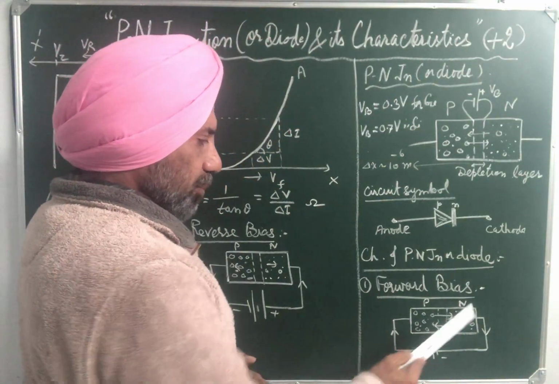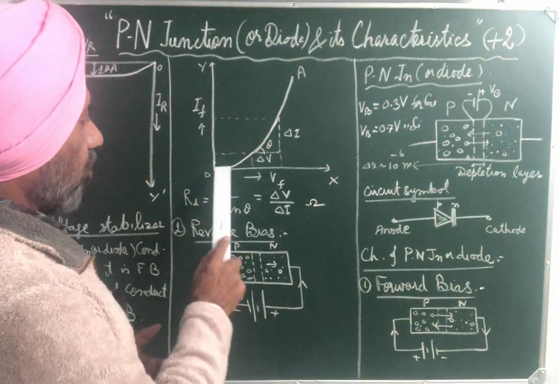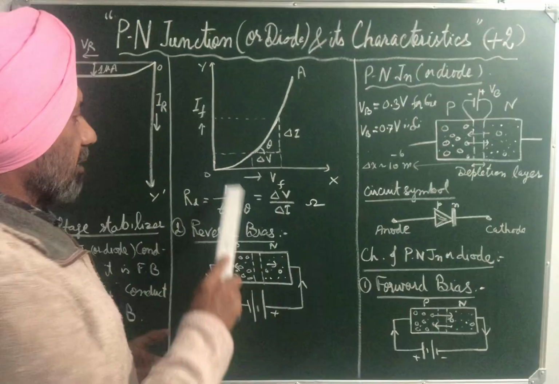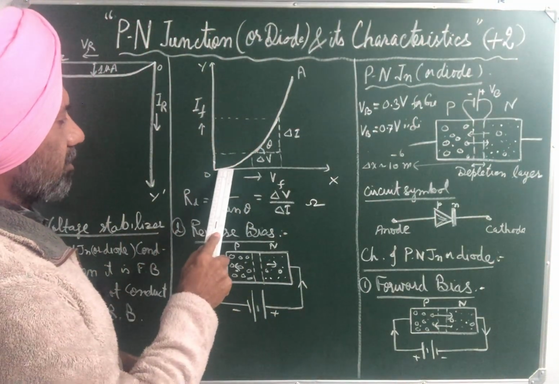So when the graph is plotted by taking forward voltage along the x-axis and forward current along the y-axis, we get a graph like this.